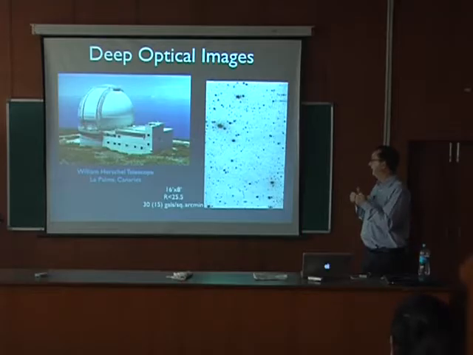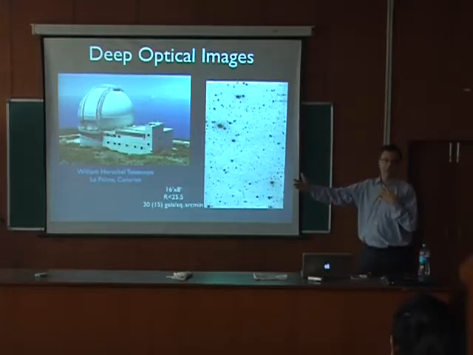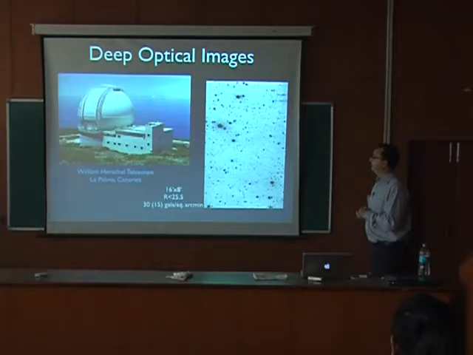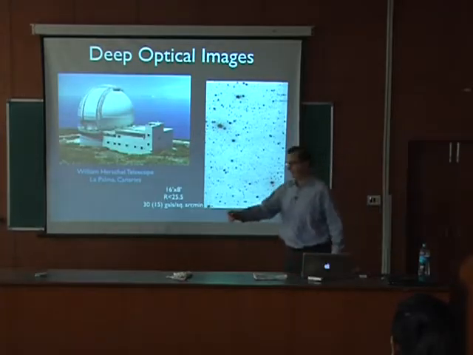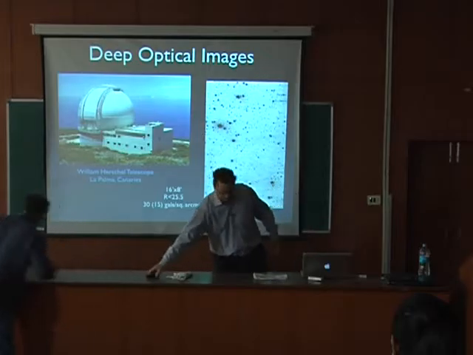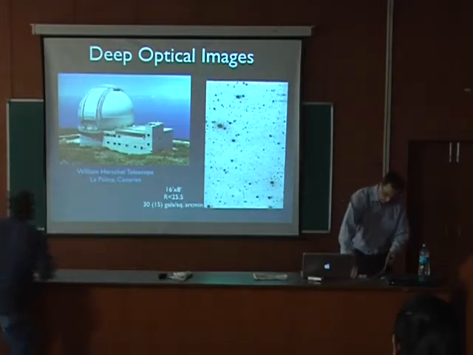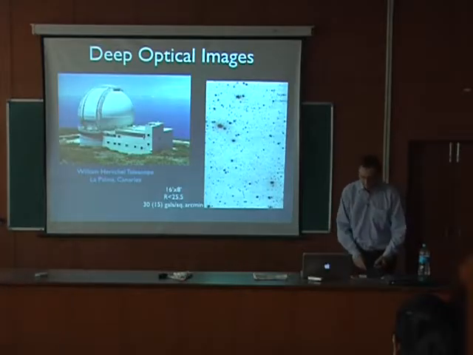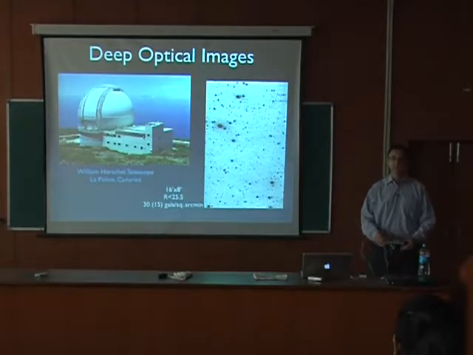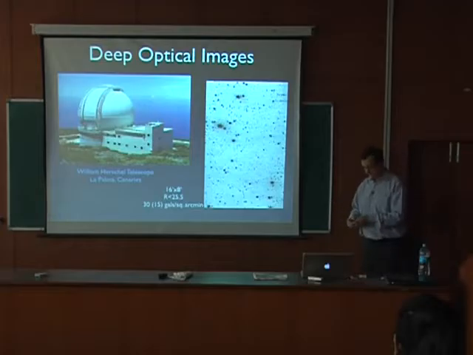We also need to have images as deep as we can. By deep, that means very long exposure time, or as long as is practically possible, for two reasons. One is to have as many detectable galaxies as possible, again to get a large number of galaxies, and also to be able to go to as high redshift as we can.